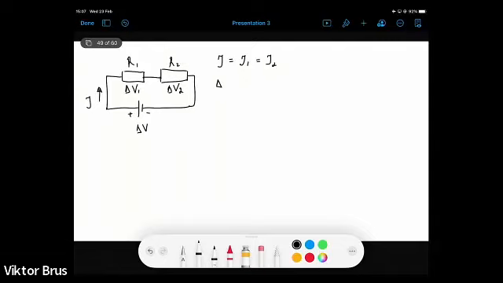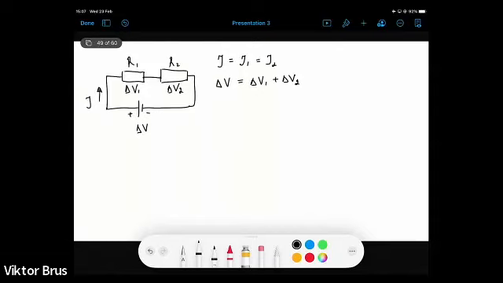Another thing we should write here is that the total potential difference, which is created by the battery, is split between the two resistors. So delta V equals delta V1 plus delta V2.